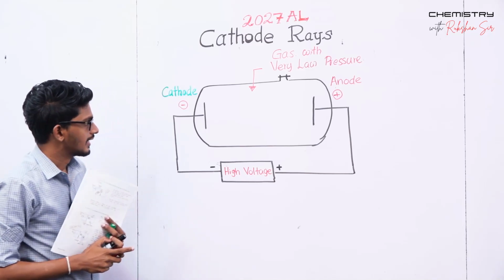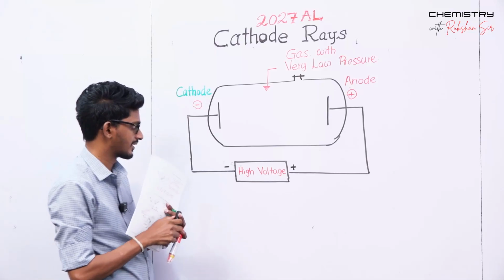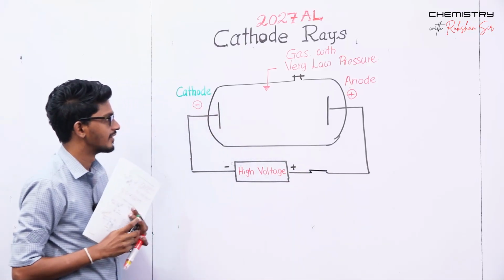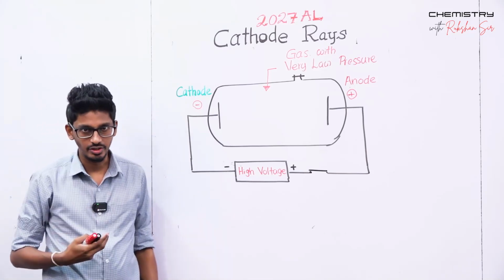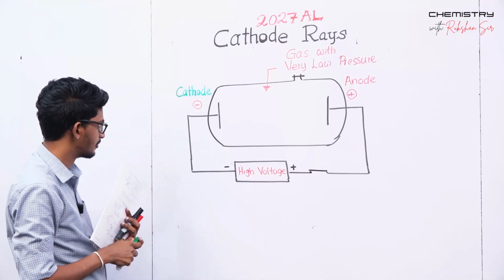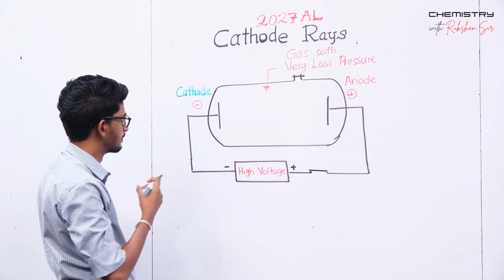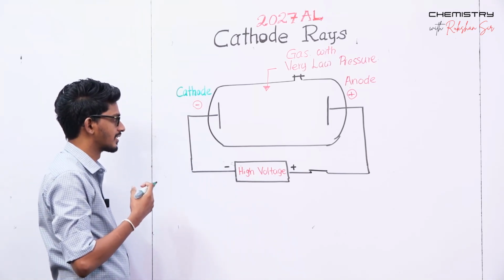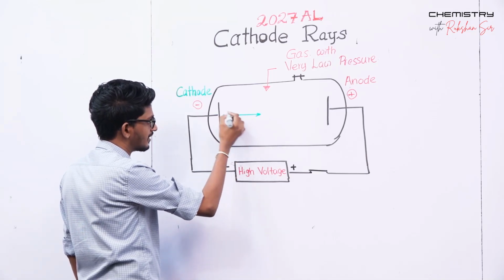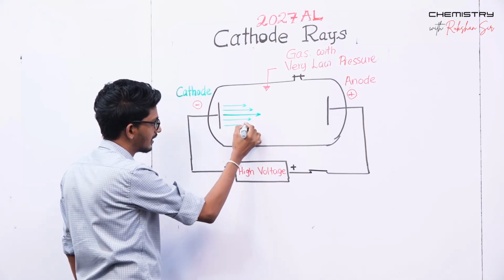When they switched on the setup with a very high voltage and a very low pressure, a near vacuum, Crookes and his team saw green colored glowings starting from the cathode and going towards the anode.